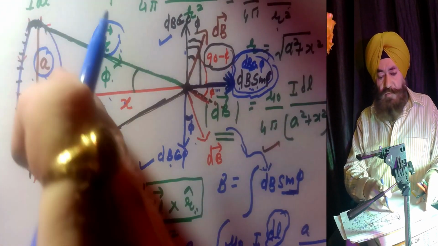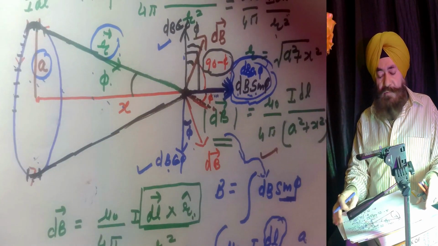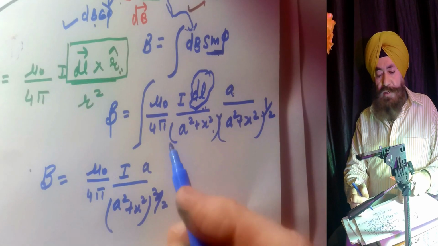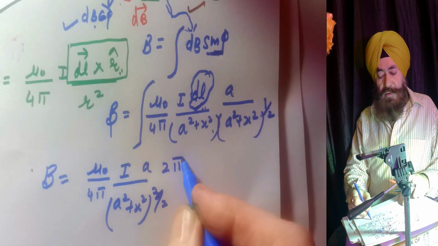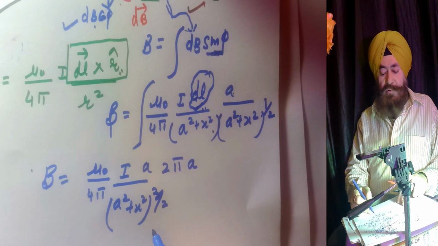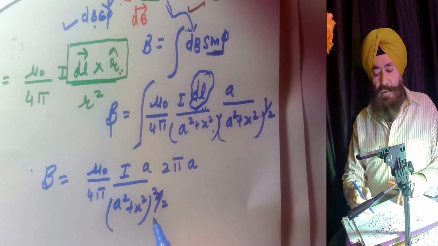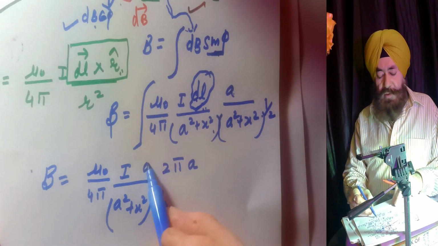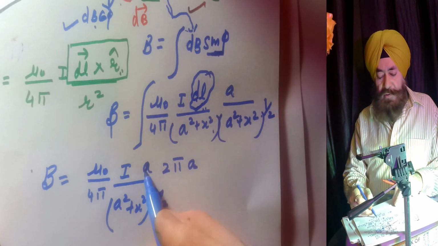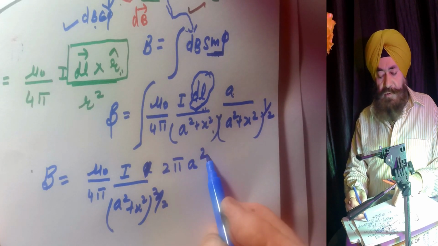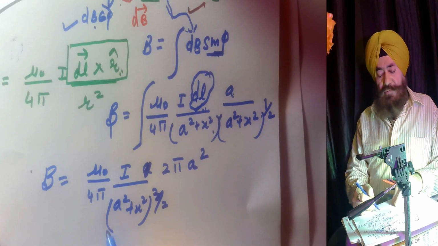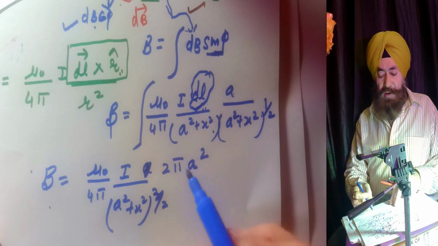Circumference of the loop, which is 2 pi a. So it is here 2 pi a. Okay, and a, so it becomes a square. So this is the total field.